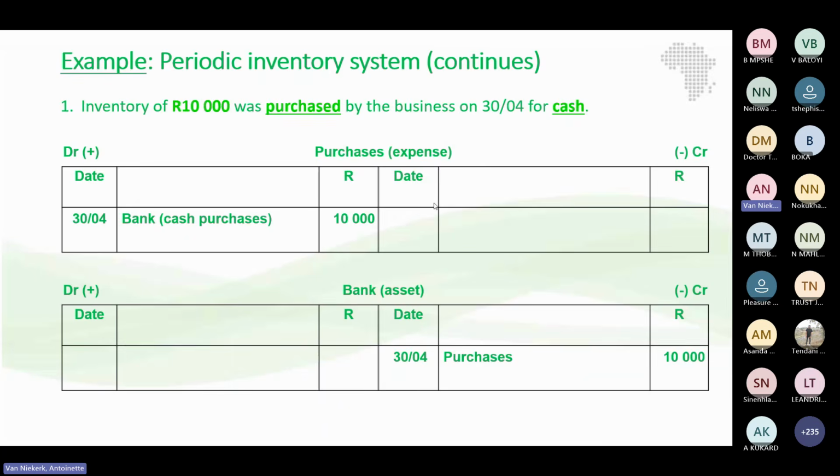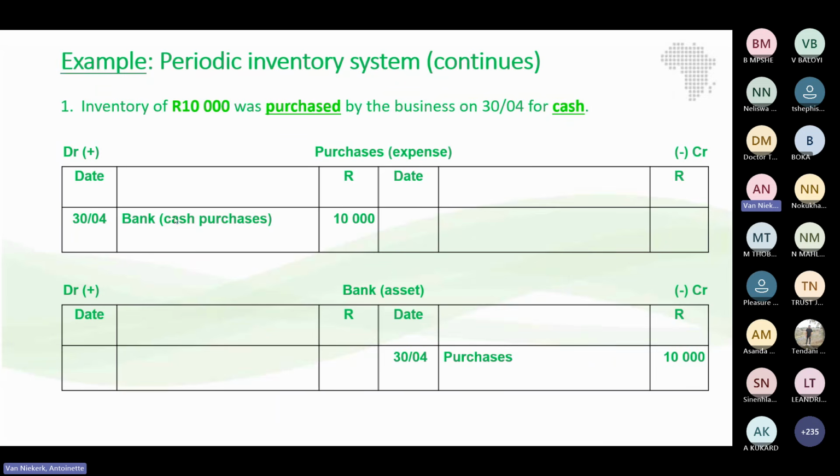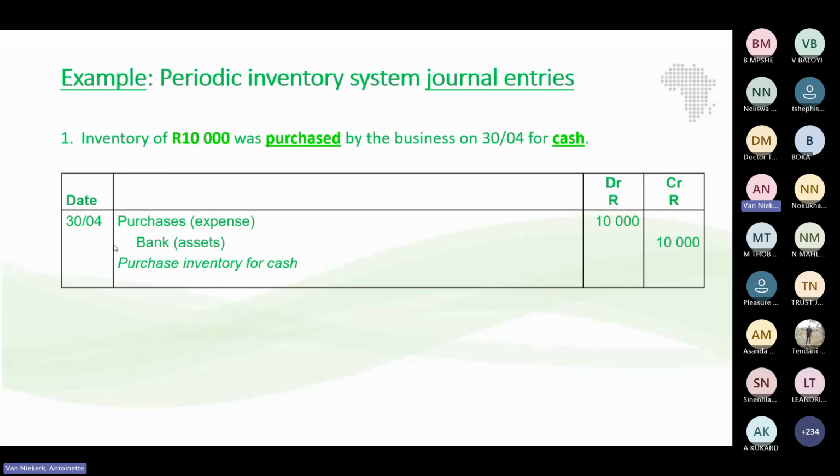It's basically this that we did here that we are just going to record in a journal. So, purchases expense, the amount was debited. Let's look. Purchases, here it is. The amount was debited. Your bank was credited. So, we have a little indent here, and then we write bank.